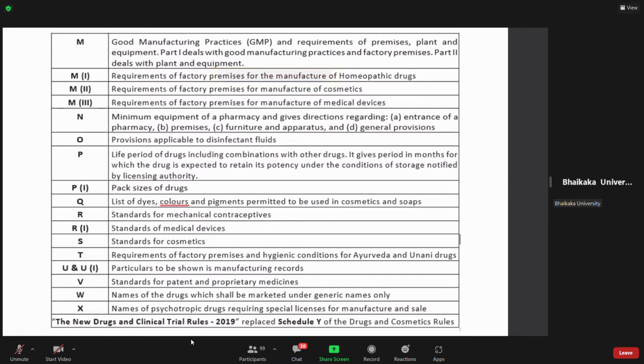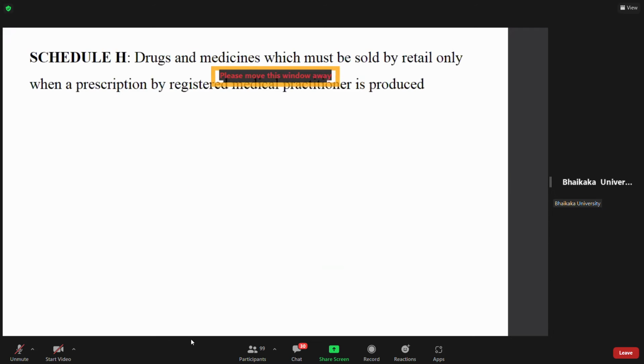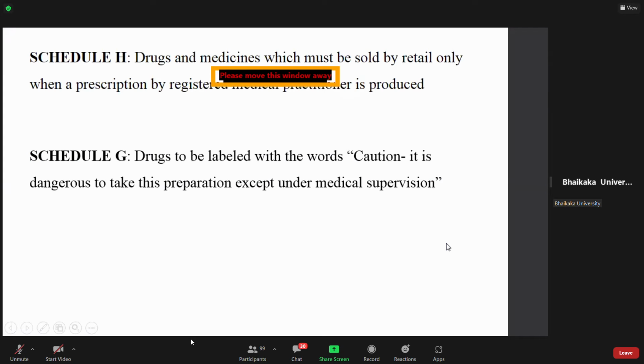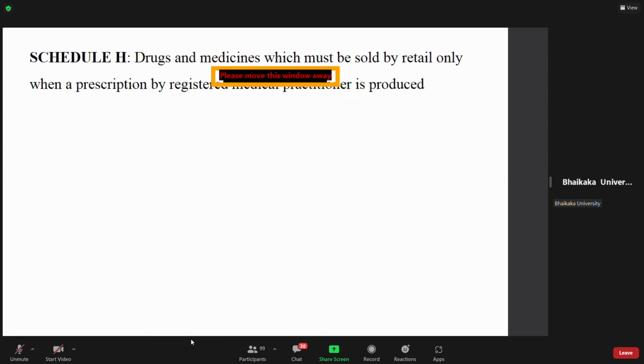Amongst these schedules, you should be aware of important three schedules that may be asked in your exams that we will discuss. First is Schedule H. The drugs under this schedule must be sold by retail only when prescription by registered medical practitioner is produced.